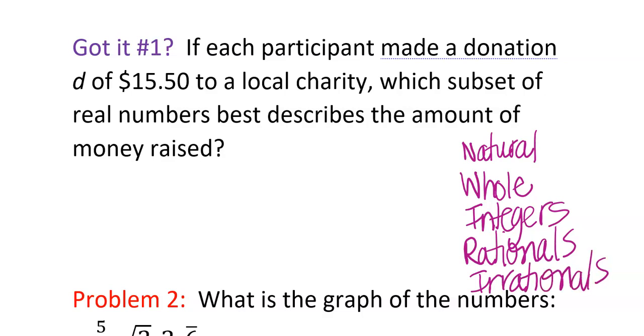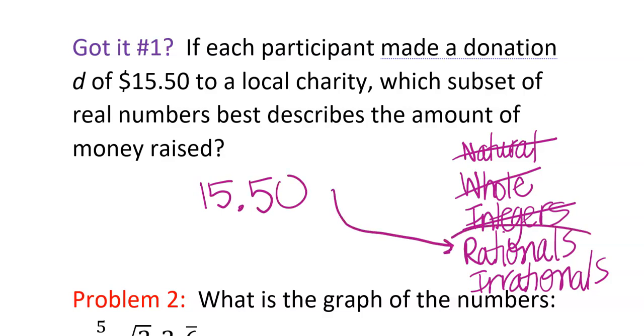Let's go through them one at a time. $15.50 can't be a natural number because it's not a counting number. It can't be a whole number because, again, it's got some decimal in there. Integers are just the numbers and their opposites, so it can't be that one. So basically we have to decide, is this a rational number or an irrational number? Since this is a decimal that stops, or you could put the 0 on there and it stops, it has to be a rational number.